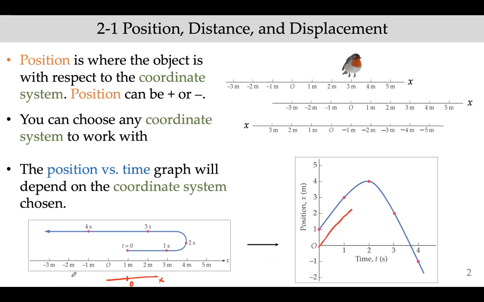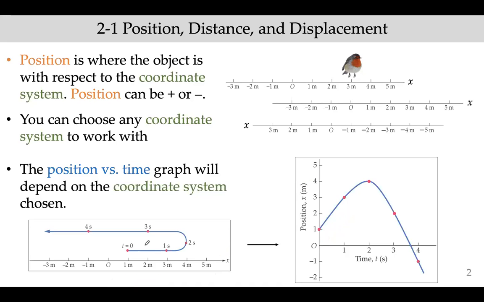If you put your coordinate system at any other point, the starting point on the position axis will be different. So these plots depend on the coordinate system that you choose.